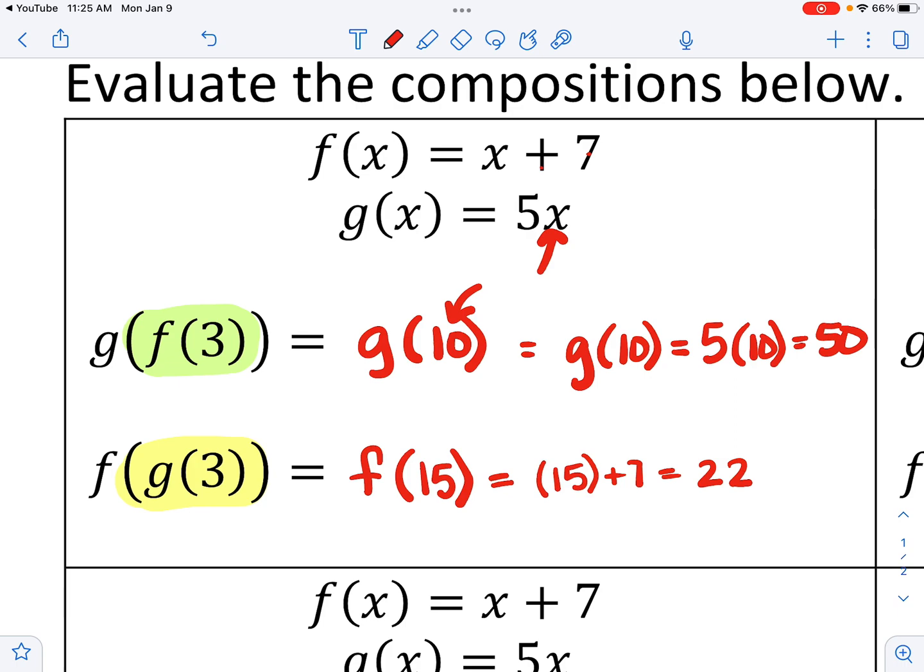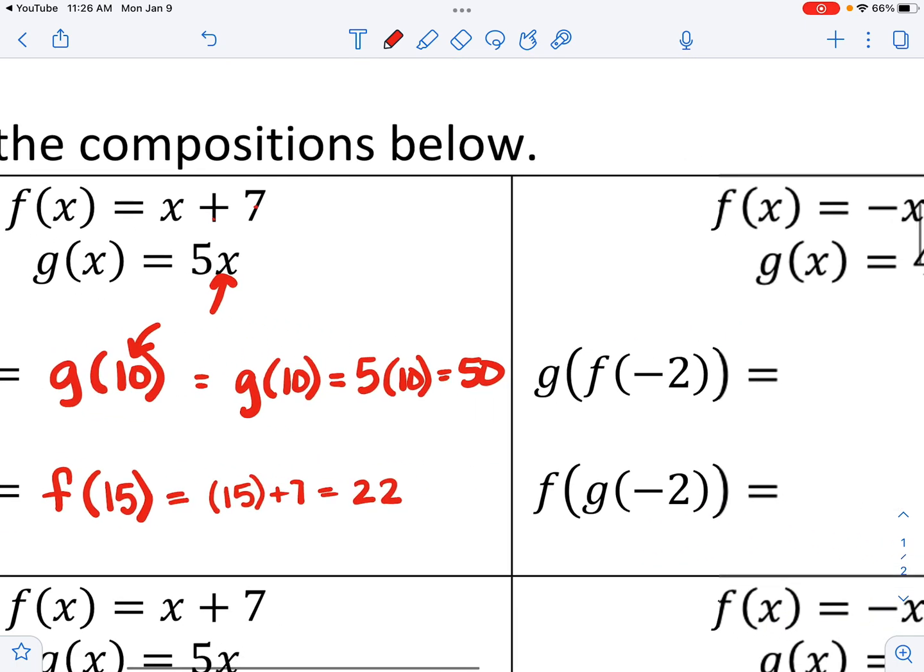So if I rewrite it the wrong way, or if I pick which one goes into the composition first, then we're going to have a different answer. So it's very important that you remember that we're always going to start on the inside first and then go to the outside.